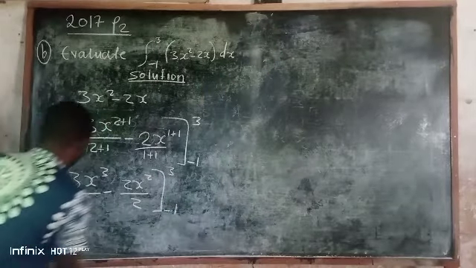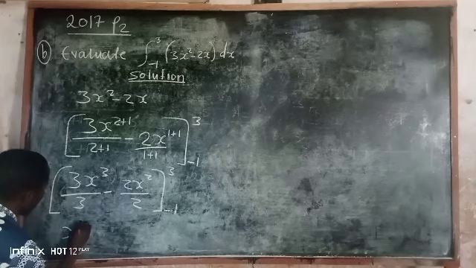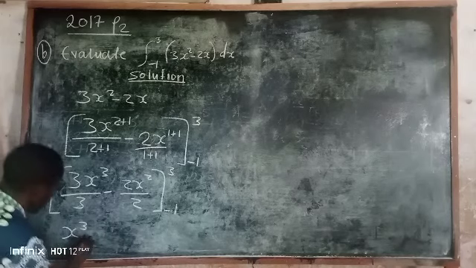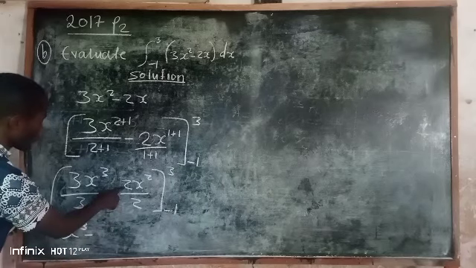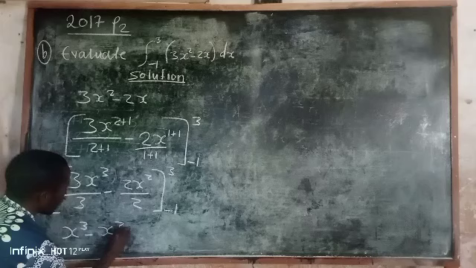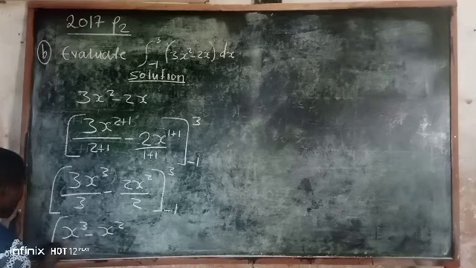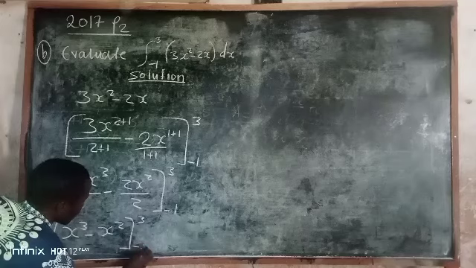We remain with x power 3, then minus, when we say 2 into 2, we remain with x power 2. Remember, we have these limits that we should not ignore.